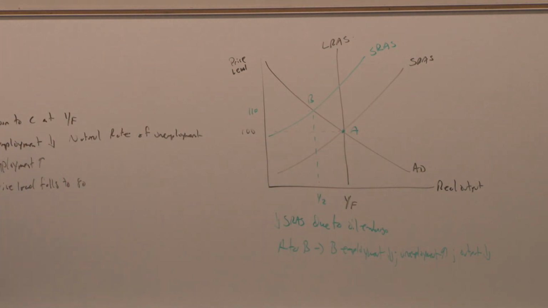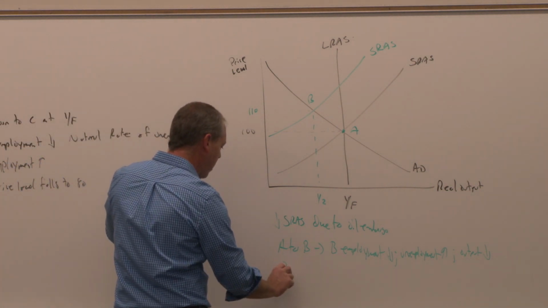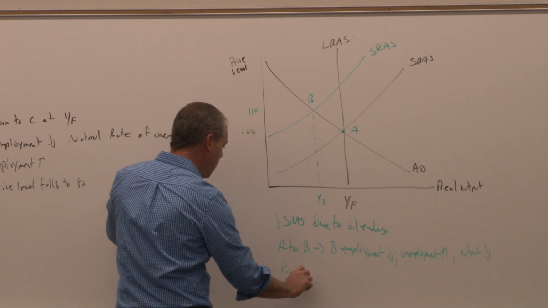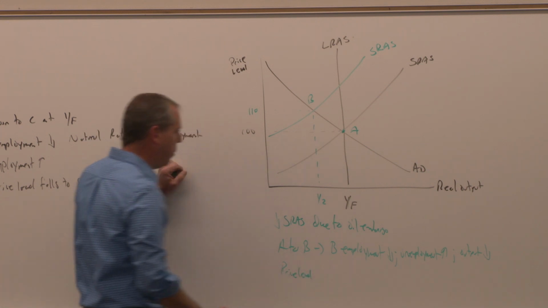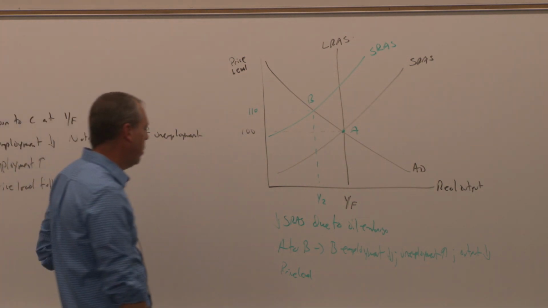Right? So we've got a lot of excess labor. But what's true about the price level? What did it do? It's gone up, right? With this price level increasing.